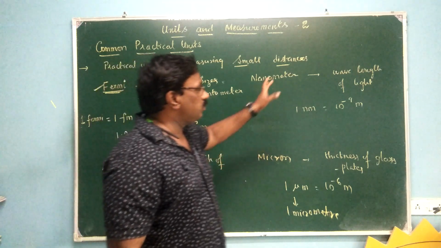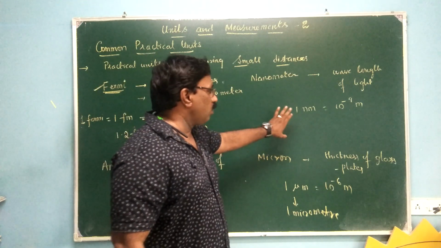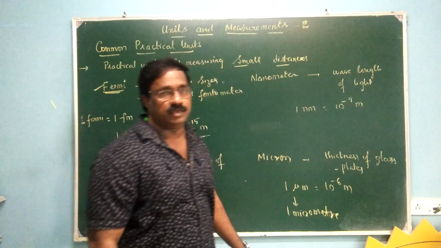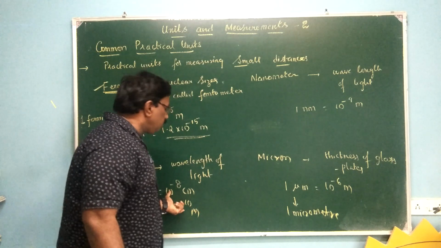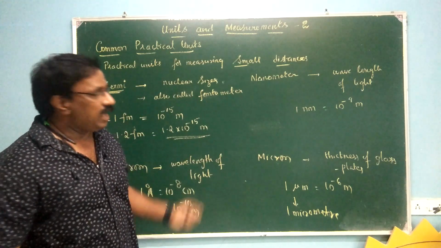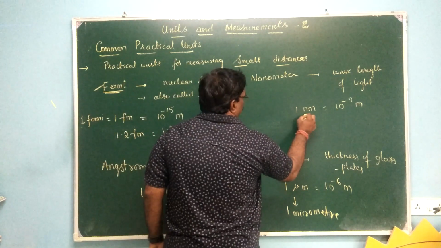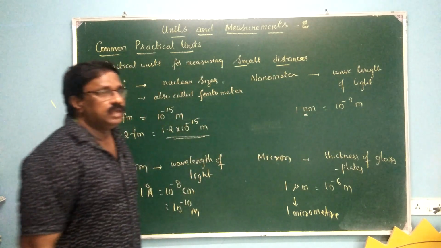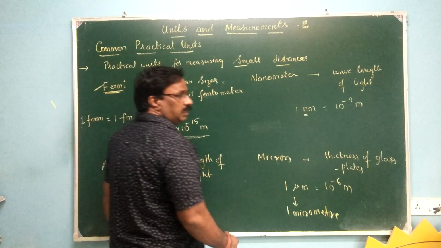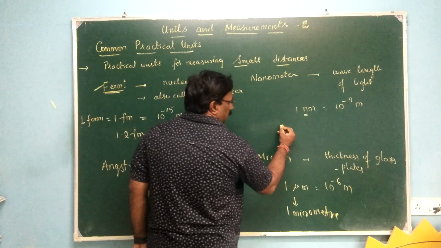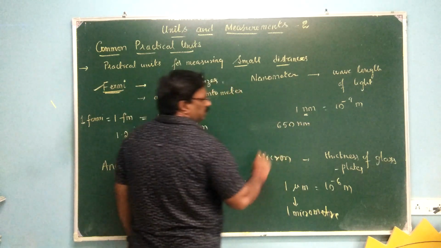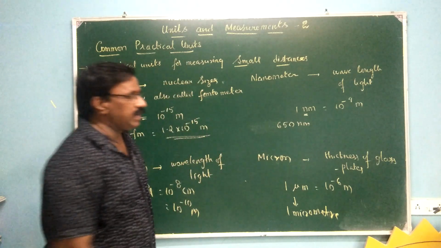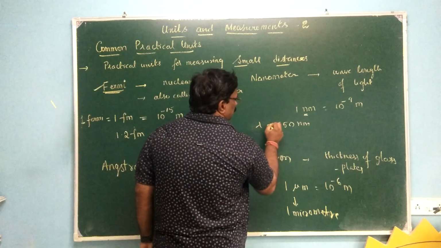Nanometer. It is also used to represent wavelength of light. 1 nanometer is 10 power minus 9 meters. Like angstrom, sometimes we use nanometer also. N stands for nano. Nano means 10 power minus 9. For example, 650 nanometer wavelength is given as lambda equal to 650 nanometer.